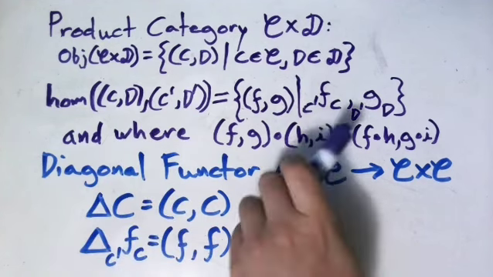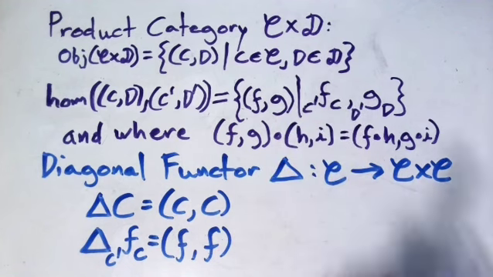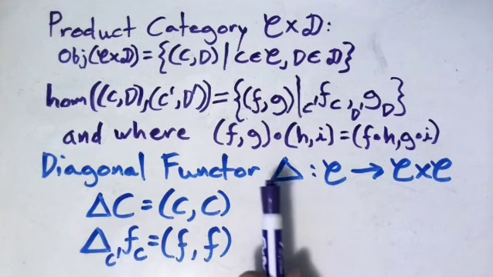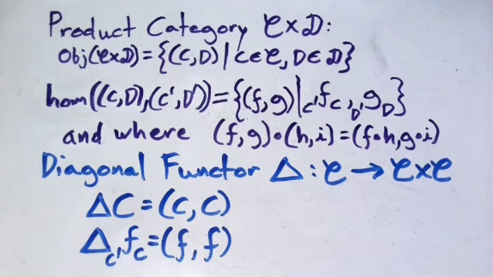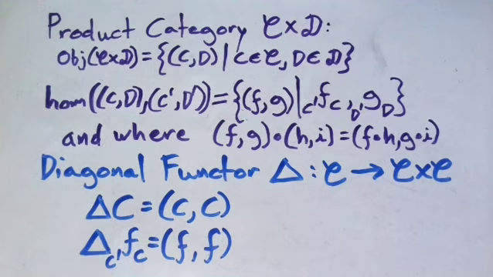So we have F going from C to C prime and G going from D to D prime. Composition is defined as expected, so FG after HI is equal to F after H paired with G after I. We can use that to define the diagonal functor, which we'll call delta.